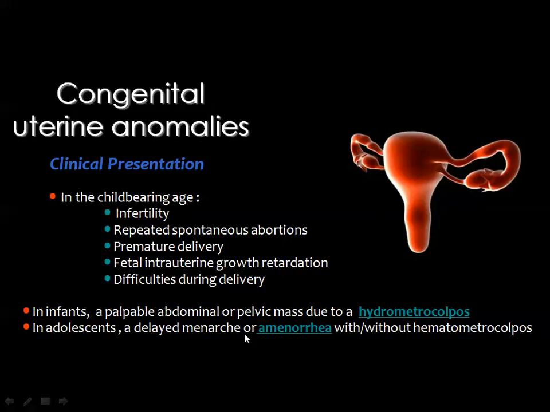While in infants, they may present with hydrometrocolpus, distension of the vagina and the uterine cavity by secretions, or in adolescence after the start of the menses, they may present with amenorrhea or hematometrocolpus, meaning that the vagina and the uterus are distended by blood.